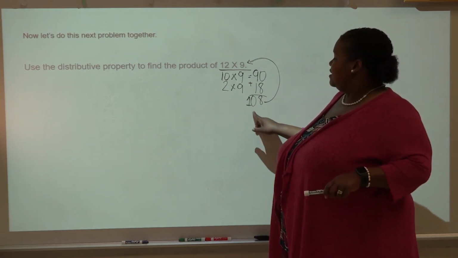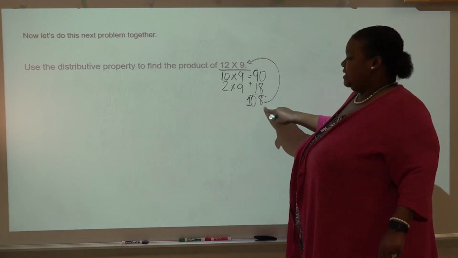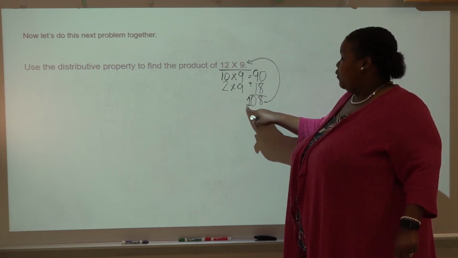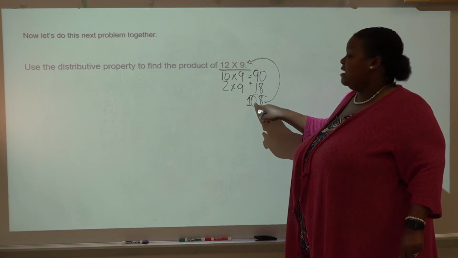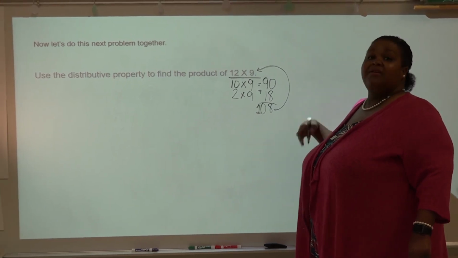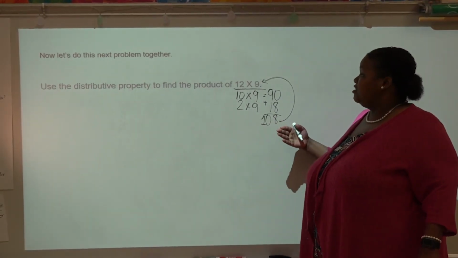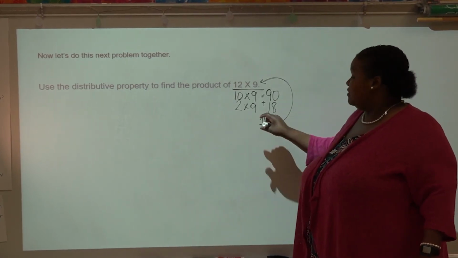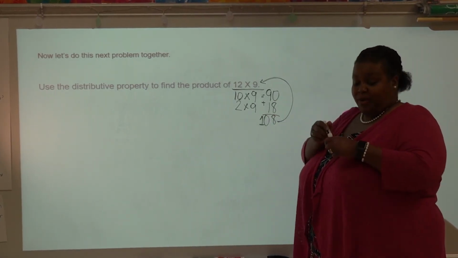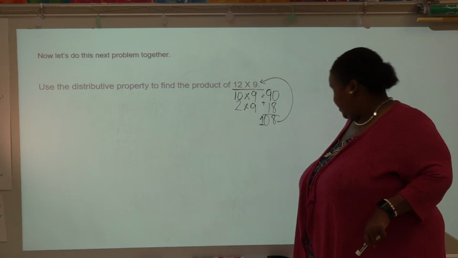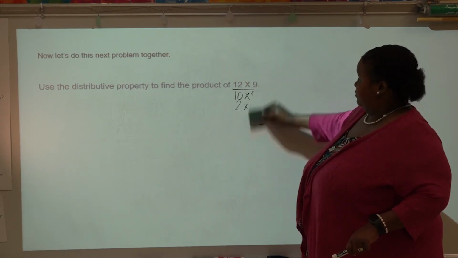Also notice that if I added this up, 1 plus 0 would be 1, plus 8 more would be 9. So that goes back to the strategy that you can check your answer to see if the sum adds up when 9 is one of the factors. It should add up to 9.